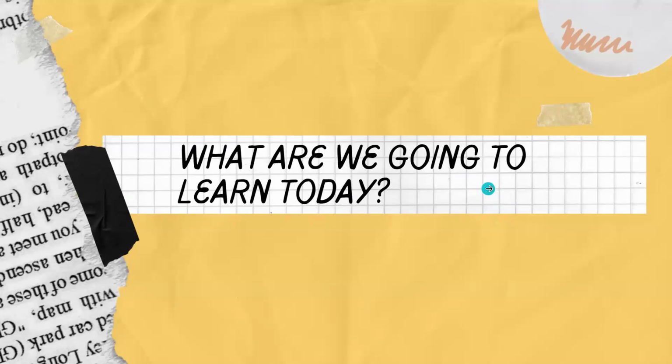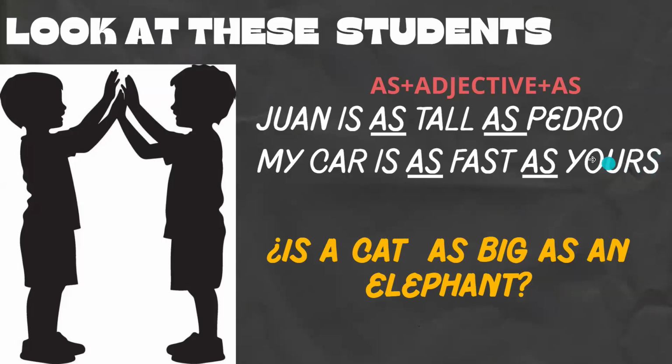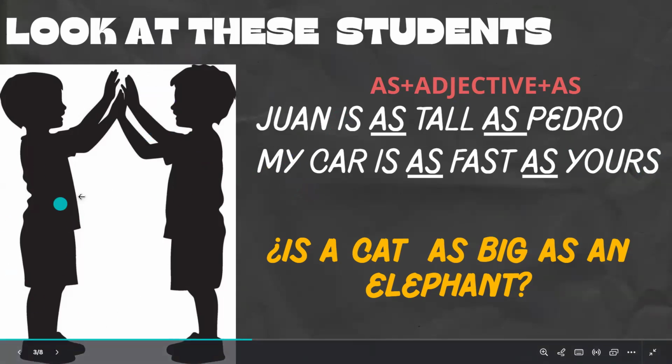What we are going to learn today is comparatives with as and the others. Look at the students. Randall, can you tell me what you can see in this picture?